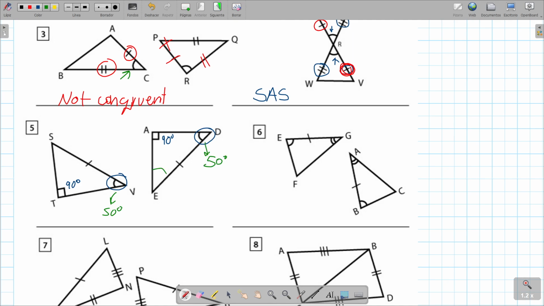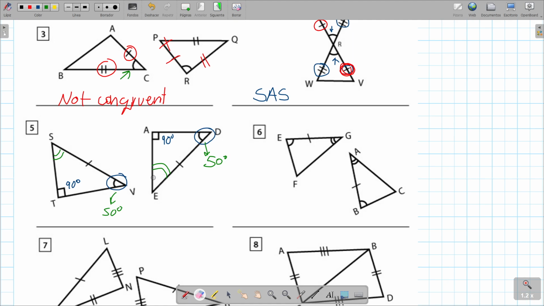The angle right here will be, well, 50 plus 90 would be 140, and in order to get to 180 I will need 40 degrees, and it's going to be the same situation right here. So the good thing about this is that these two angles are going to be the same.